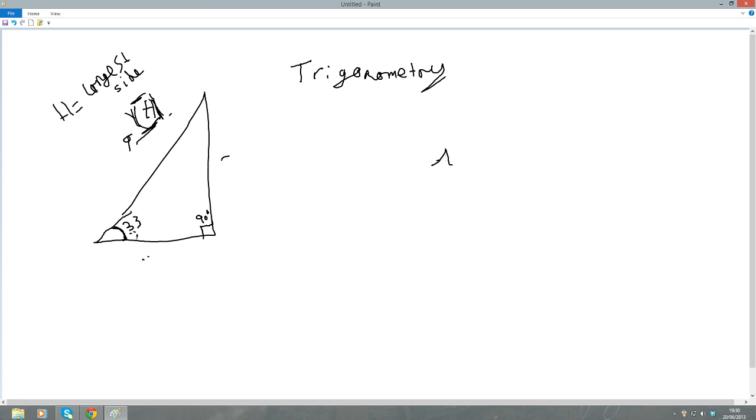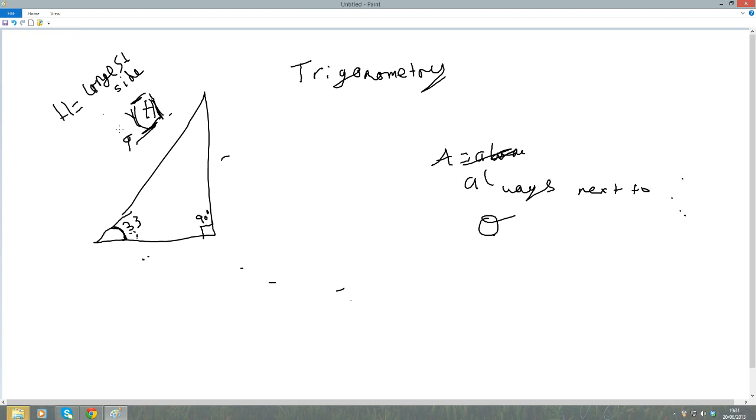A is basically the one always next to theta. Oh, come on. Just bear with me. Sorry about that. And A is always next to theta. That's theta.